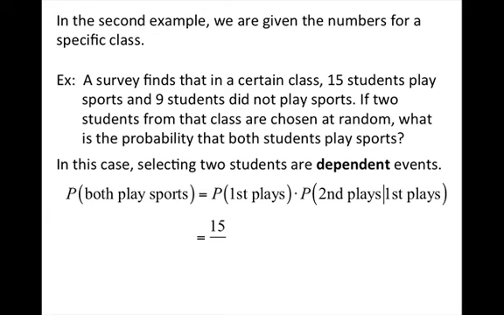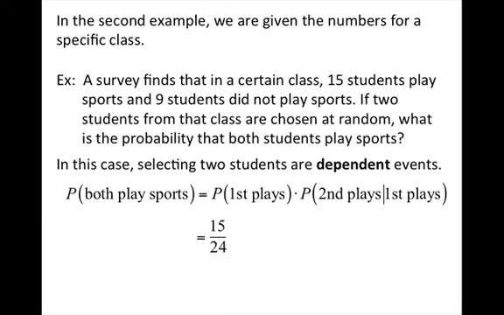So the probability that the first student plays a sport: there's 15 students that play a sport out of a total of 24 students. And I get the 24 by adding the 15 and the 9. Now I choose one person that plays a sport and I pull them out.